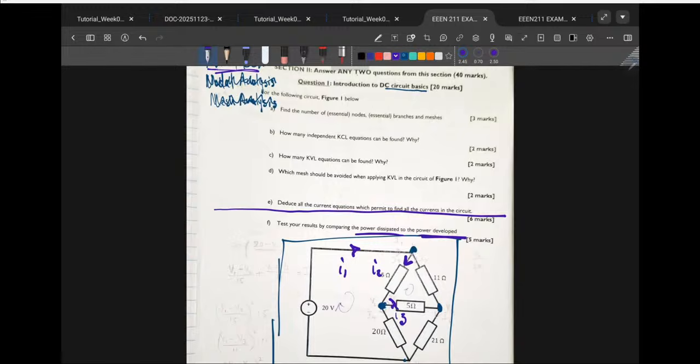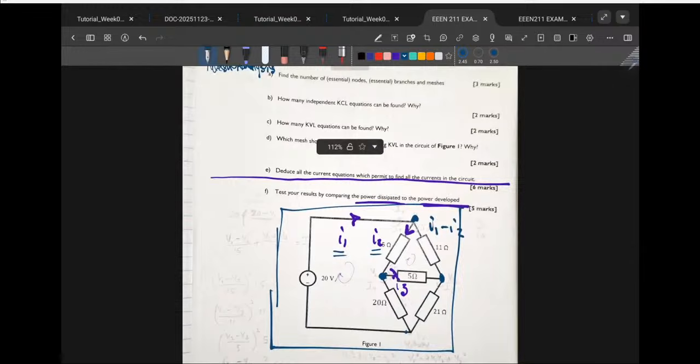Then we would say, what about this branch? What is it going to be? To get to this branch, it's just going to be I1 minus I2. So I1 coming in minus I2 gives I1 minus I2. Then here you have I3 already. So you need to be able to find these things.